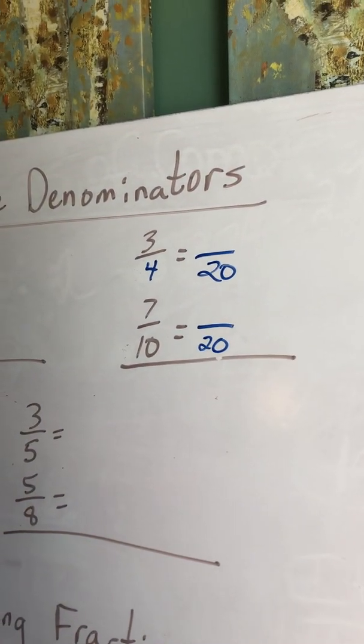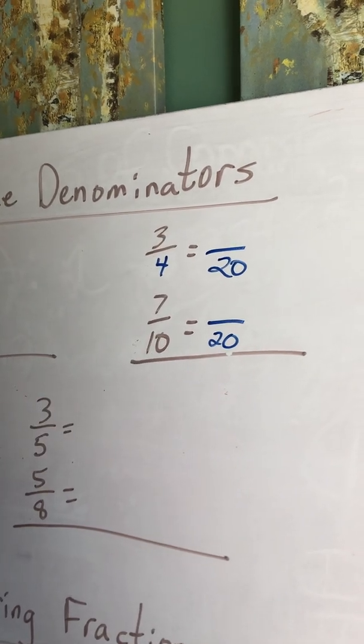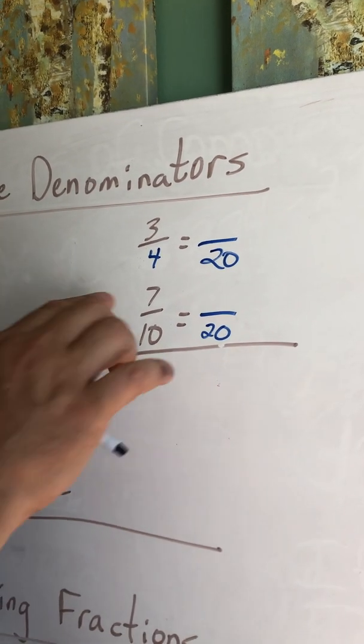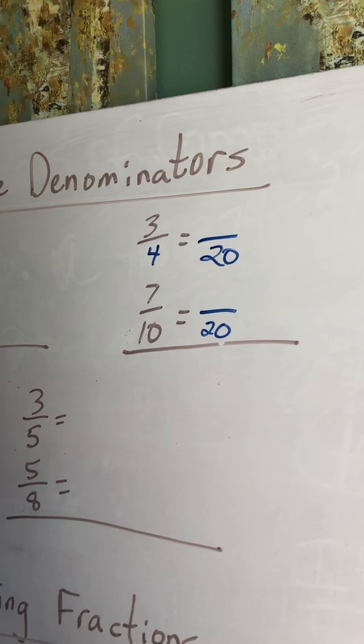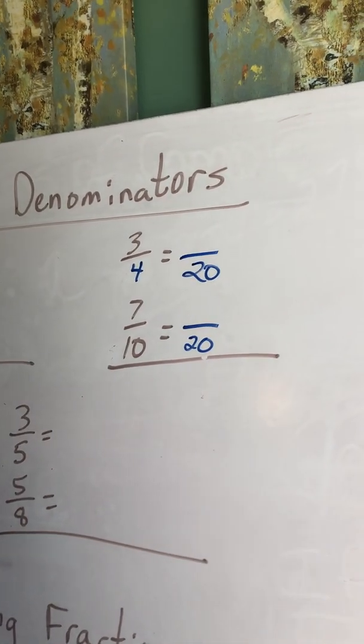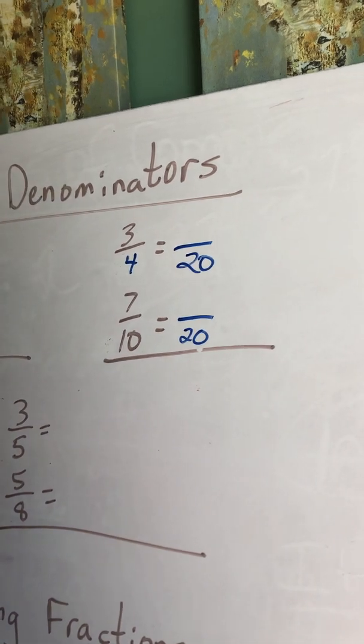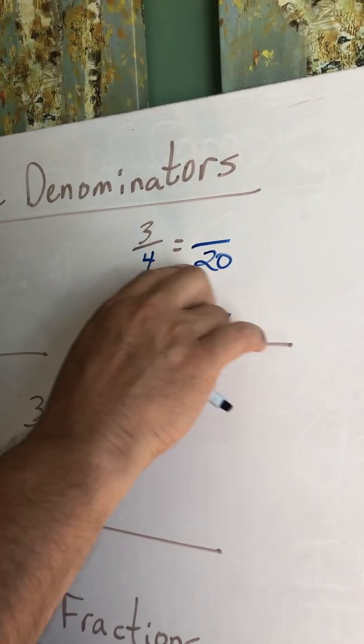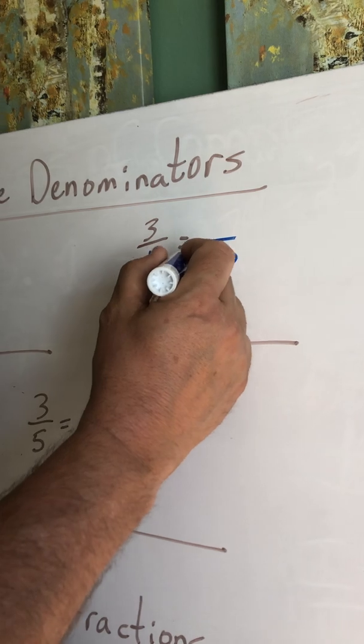See, so instead of using 40, we can use a little bit smaller denominator of 20, okay? How do we get the top number? Well, remember what we talked about. Whatever you do to the bottom, you have to do to the top, okay? So how does 4 become 20? Times 5.